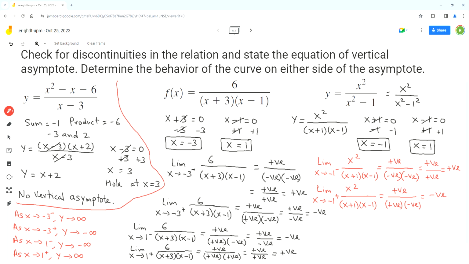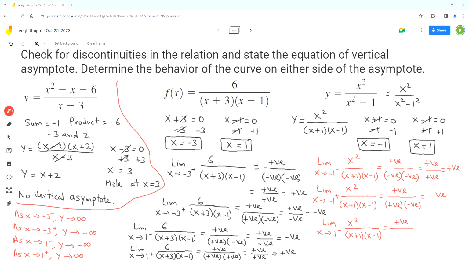Now we can analyze the behavior around the other vertical asymptote. Limit as x approaches 1 from the left side of x squared over x plus 1 times x minus 1. The numerator will be positive.